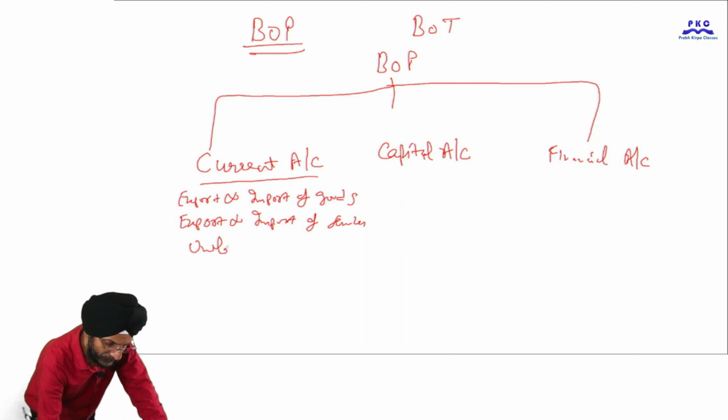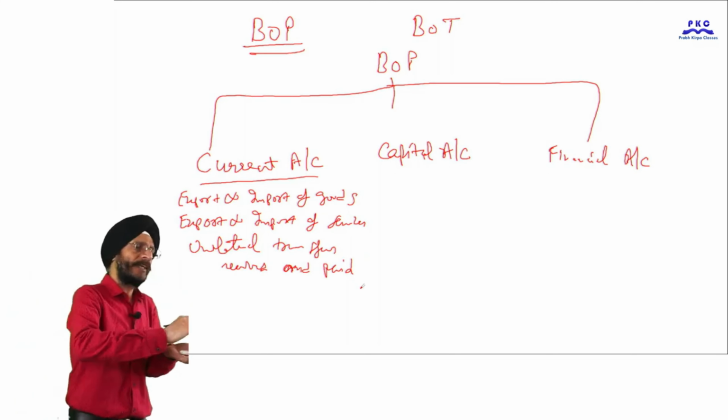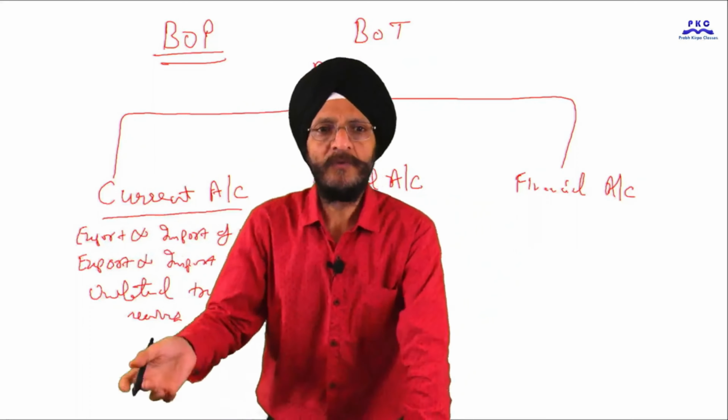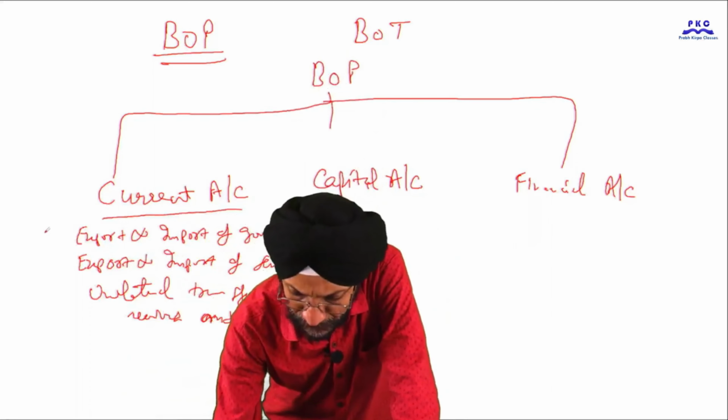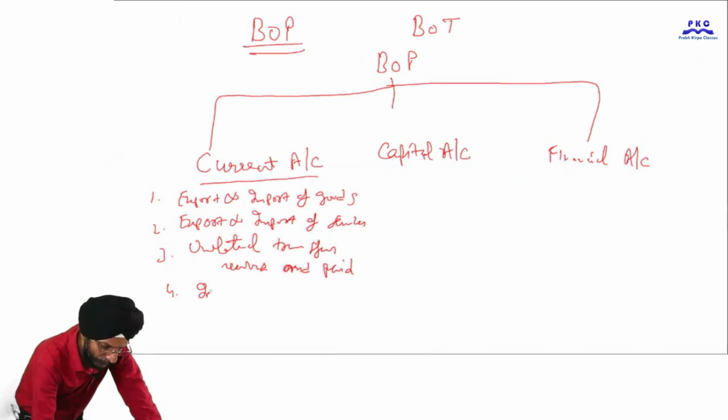Then unilateral transfers received or paid. In unilateral transfers, we take note of what we have received and what we have paid. Then income from investments paid and received.